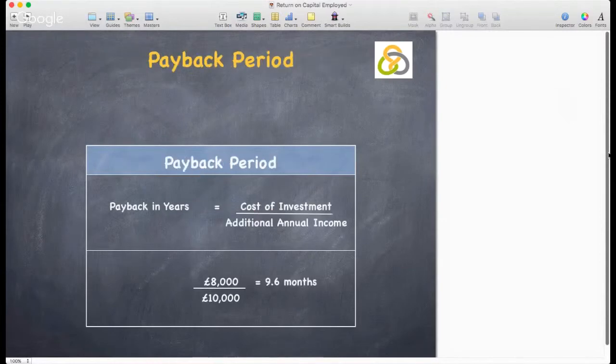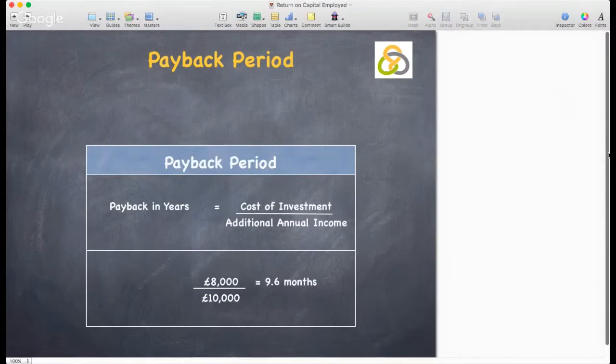So the payback period takes this into account. In this instance, we're looking at the additional annual income divided into the cost of investments.